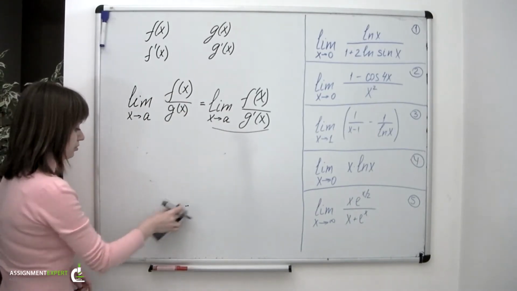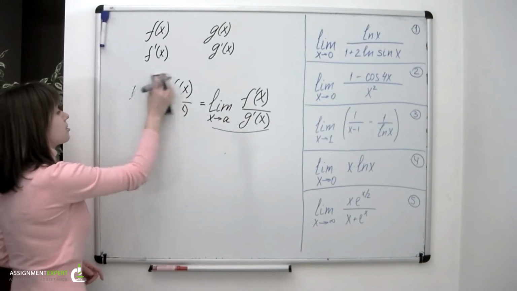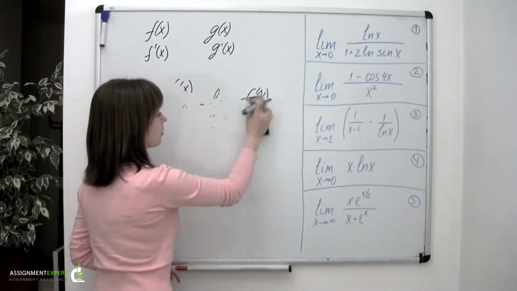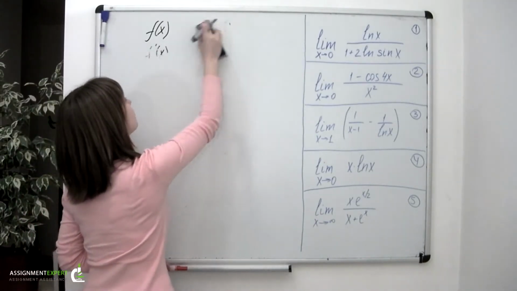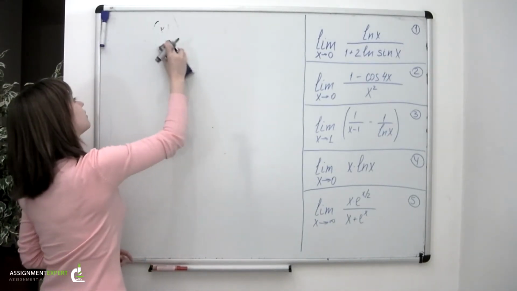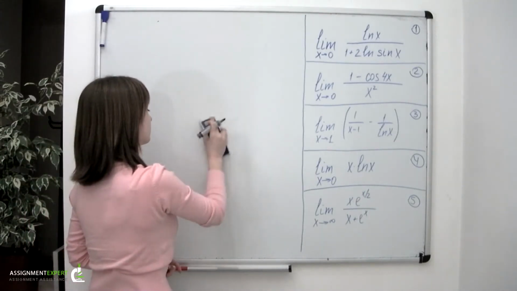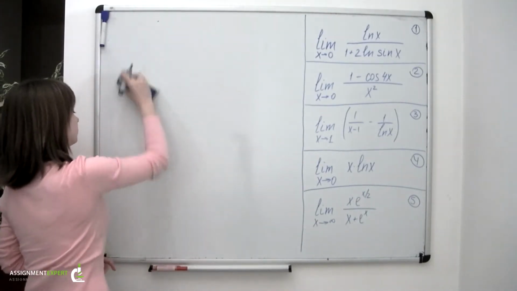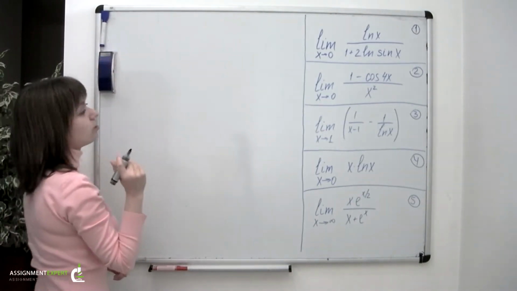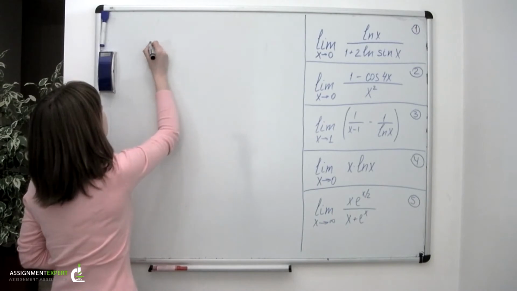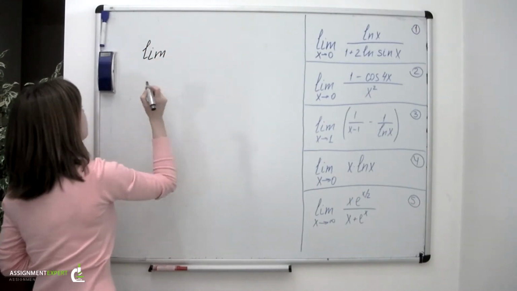Now let's try and solve a couple of problems. Take a look at several examples. First of all, let's find one of the so-called remarkable limits.